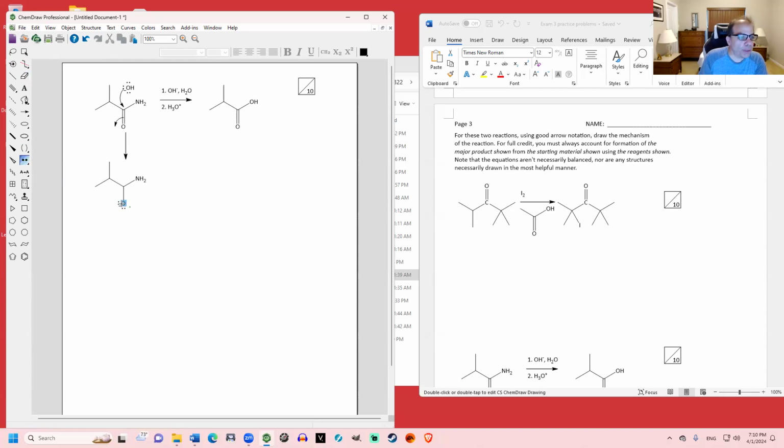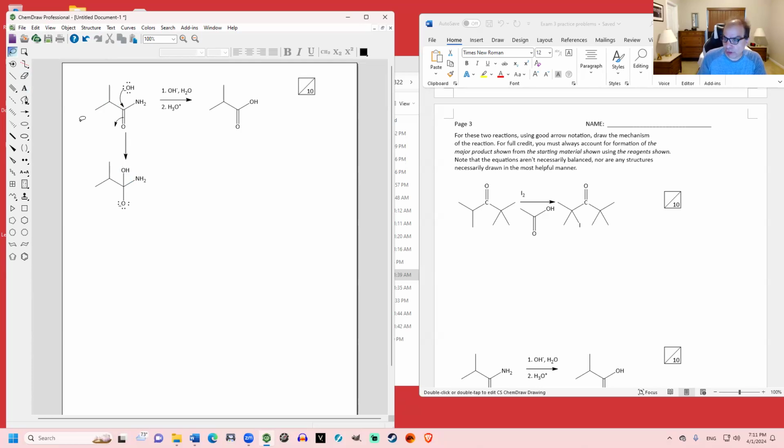And in your chapter 21 class notes, I gave you this in the mechanism of basic hydrolysis, or alkaline hydrolysis, of a nitrile. If you look carefully at that mechanism, you'll find that smack dab in the middle of the nitrile mechanism is an amide intermediate.